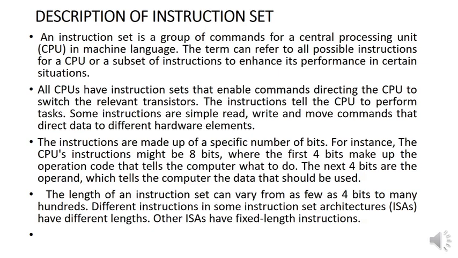If the instruction set of a CPU is 8 bits, the first 4 bits make up the operation code, the kind of operation that it wants from the code that is attached to it. Then the next 4 bits are the operand, which tells the computer the data that should be used.